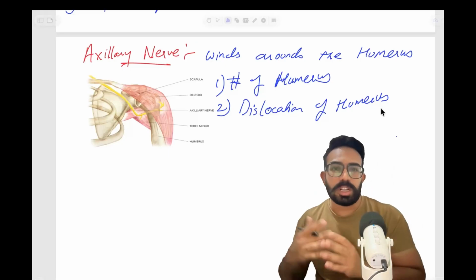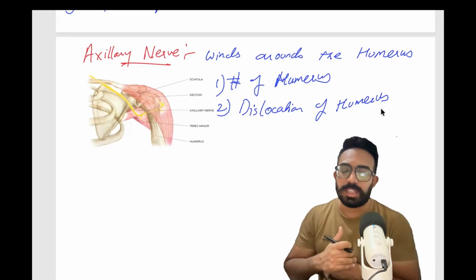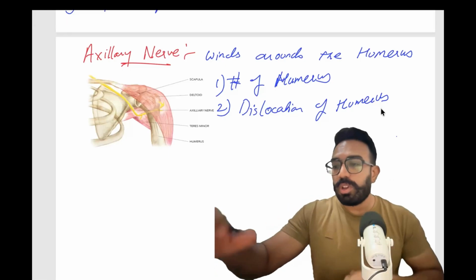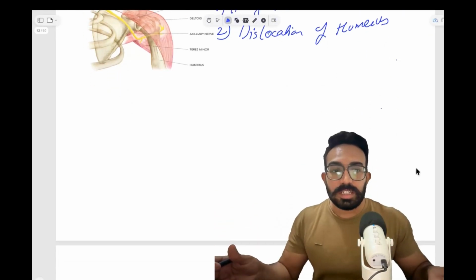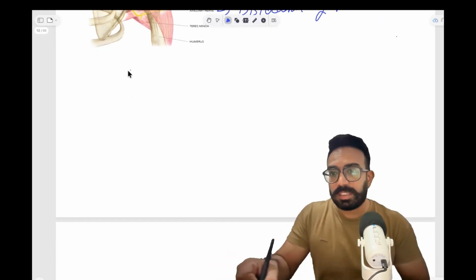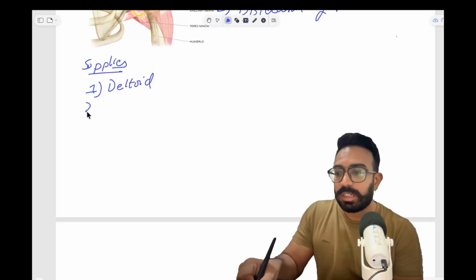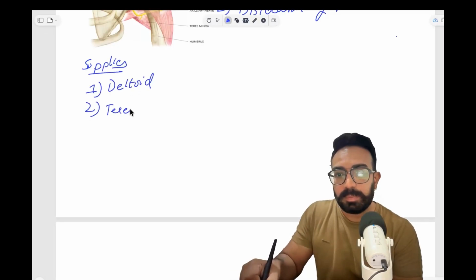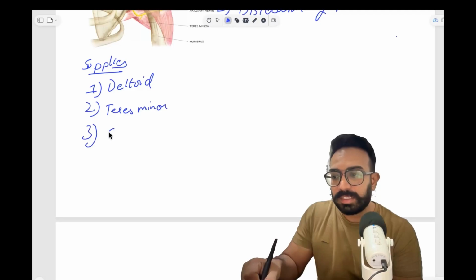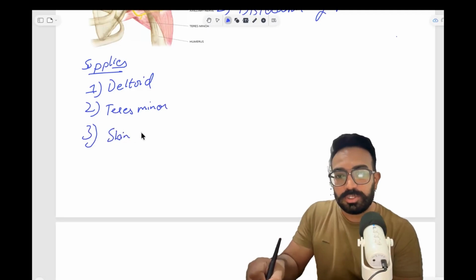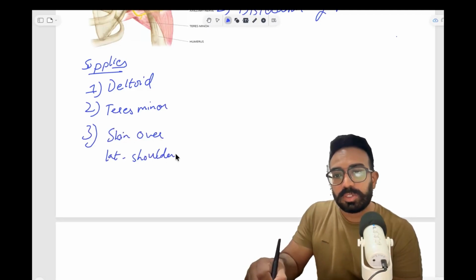Now, what will happen if there is damage to the axillary nerve? We first need to understand what the axillary nerve supplies. It supplies the deltoid, the teres minor, and the skin over the lateral shoulder, which is sensory.